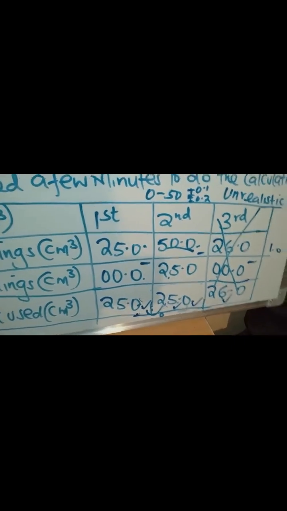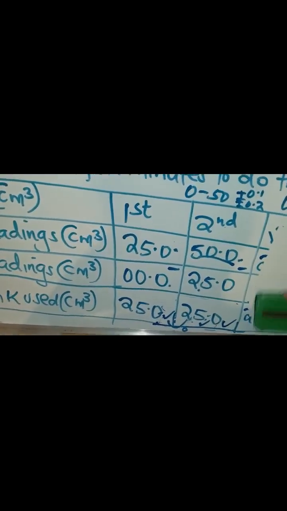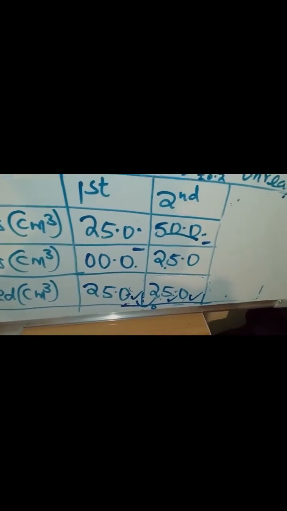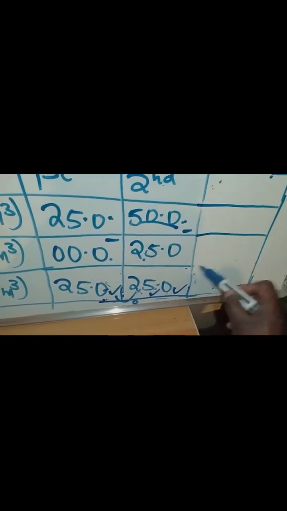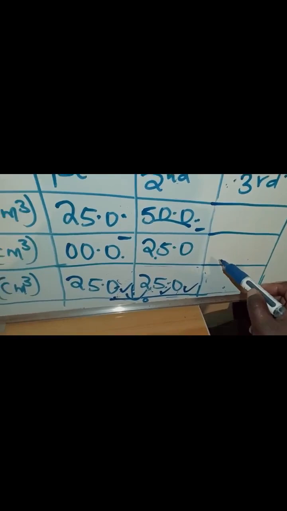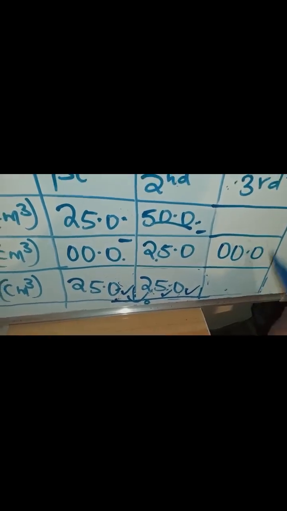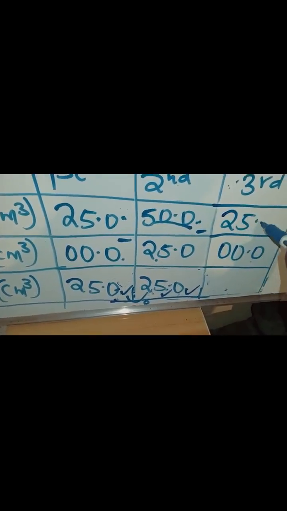If you still want to save the third, there is a way you can still save the third value to make it remain. If you still want to use three of them, you say 0.0 instead of the 26 that we had, you say this one has gone up to 25.0.